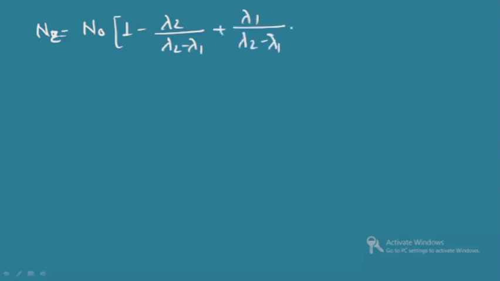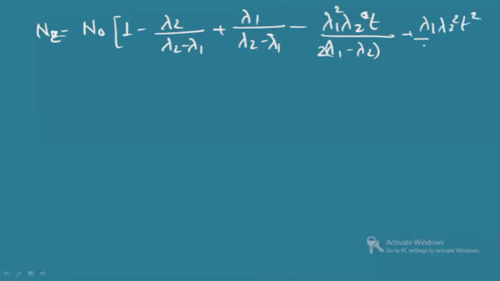Lambda 2 minus lambda 1. All right, it is minus lambda 1 square lambda 2 t square divided by 2 lambda 2 minus lambda 1, and the last was what? Plus lambda 1 lambda 2 square t square divided by 2 lambda 2 minus lambda 1.